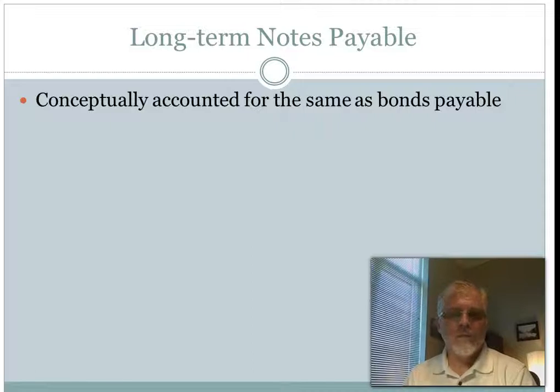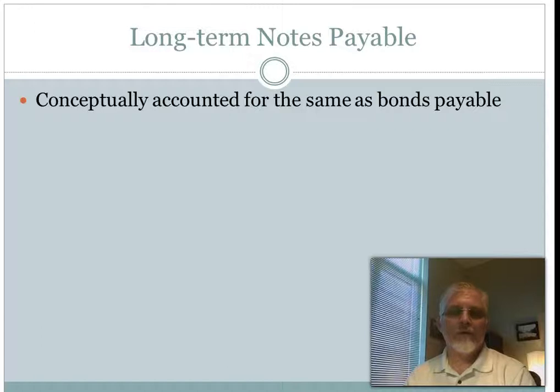With bonds payable, it's one borrower, but could be borrowing little bits of money, $1,000 here, $1,000 there, from literally tens of thousands of lenders. So notes payable is typically just a single contract, by and large written by the lender, and so they are in control of the terms.